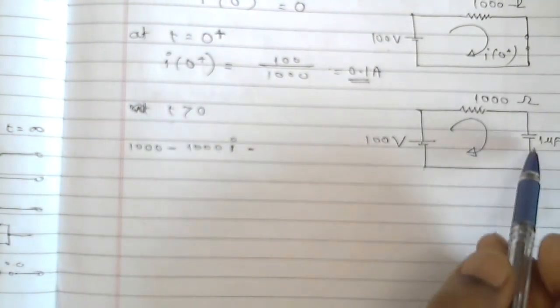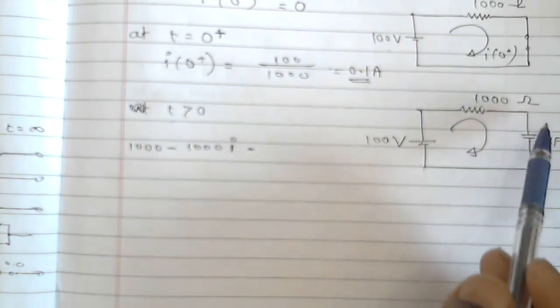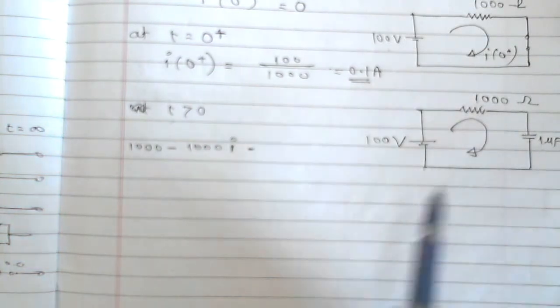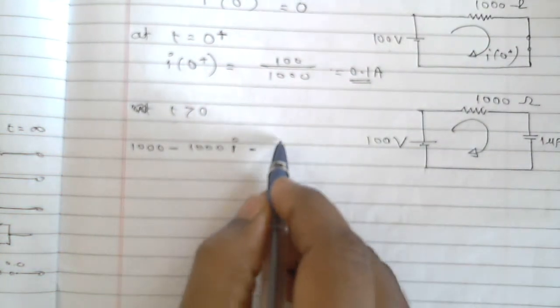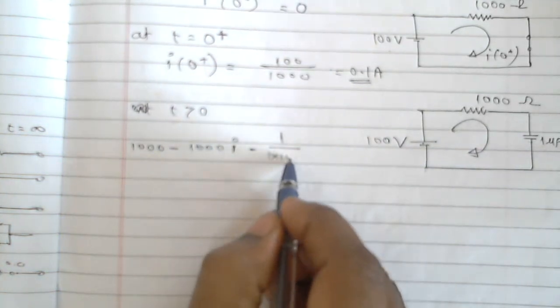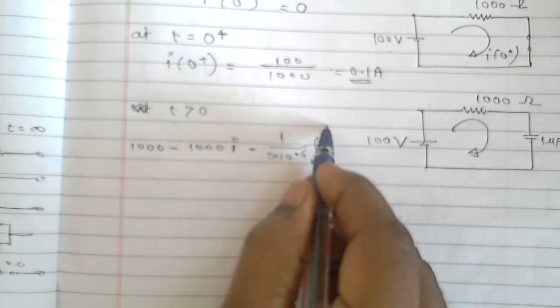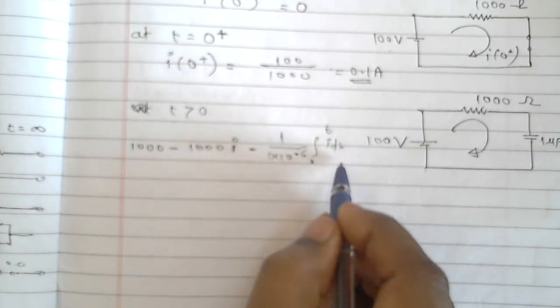Minus the voltage across the capacitor, which is 1 by C integration from 0 to t of the current. C is 1 microfarad, so 1 into 10 raised to minus 6, integration from 0 to t of i dt, equal to 0.